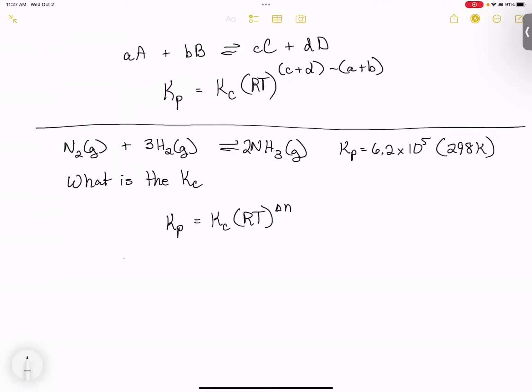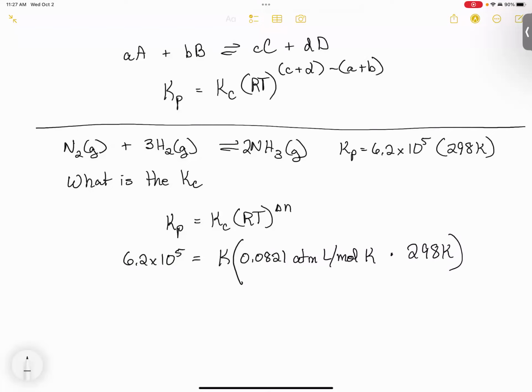It would be 6.2 times 10 to the fifth is equal to Kc times 0.0821 atmosphere liters per mole Kelvin times 298 Kelvin, raised to 2 minus 1 plus 3.